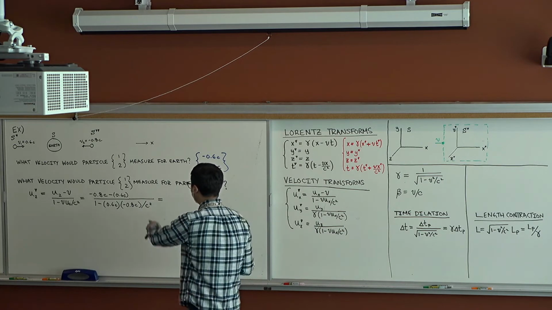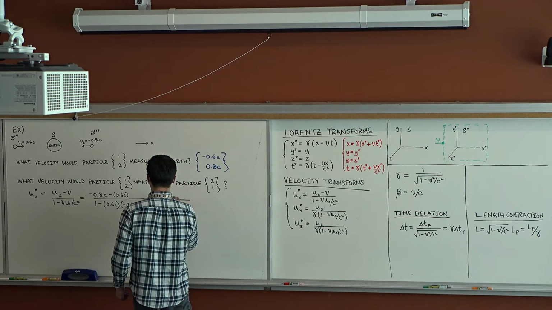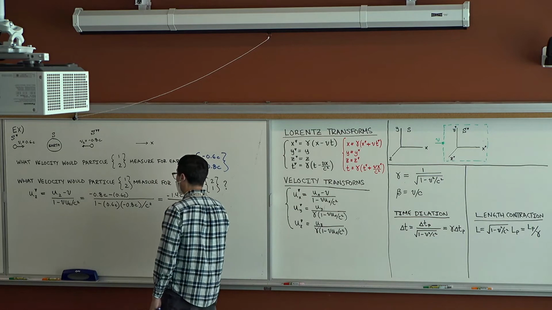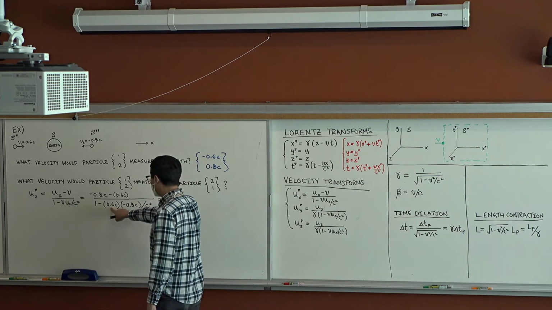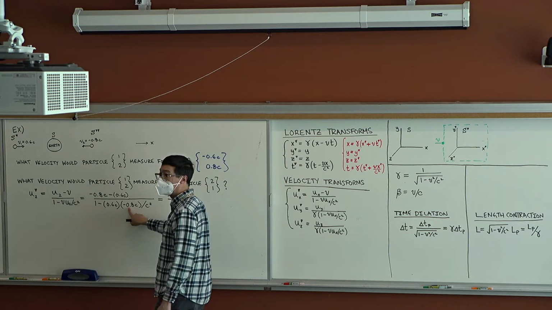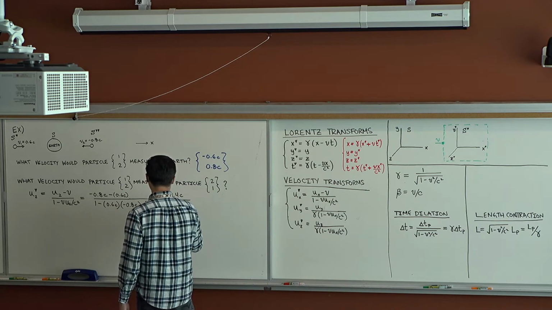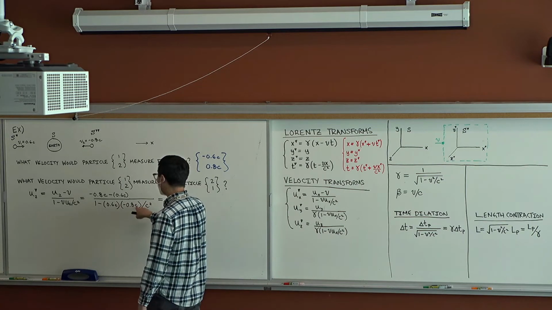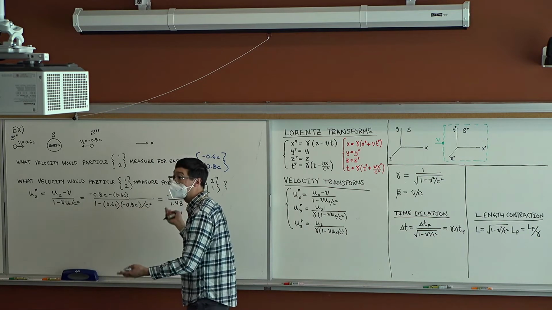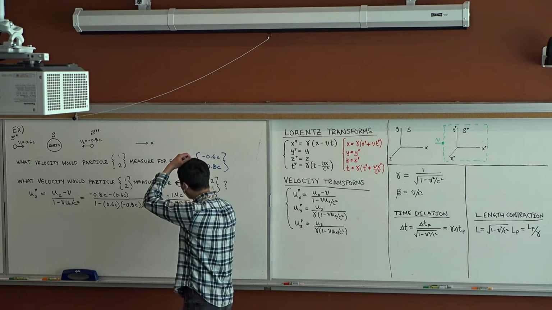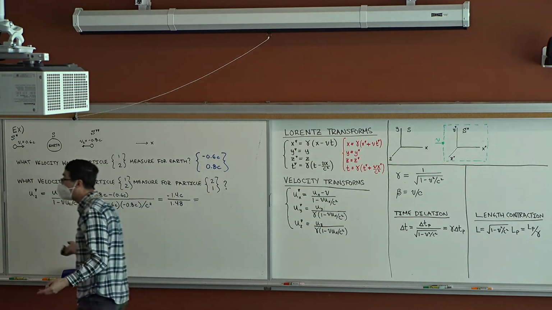And so the numerator becomes minus 1.4 c. The denominator, 0.6 times 0.8 is 0.48, 1 plus 0.48. And then c times c is c squared, divided by c squared is 1. Cancel.